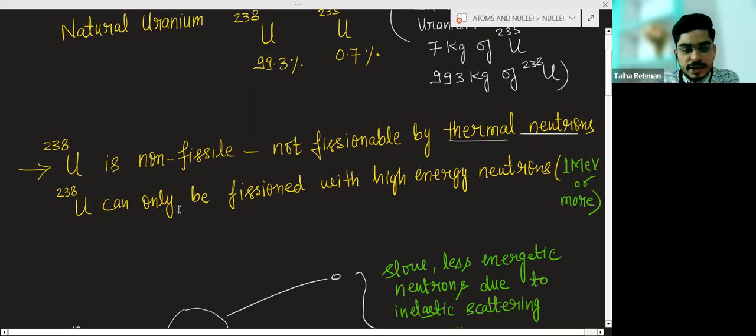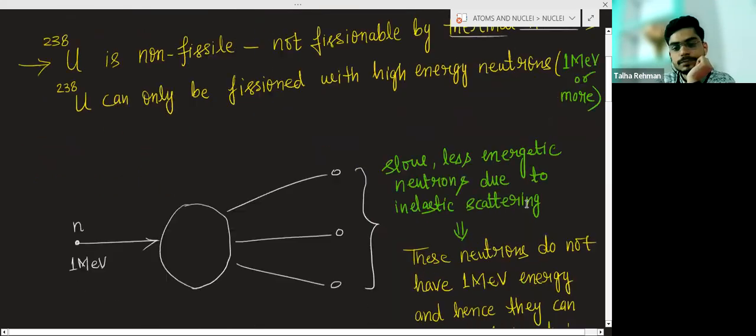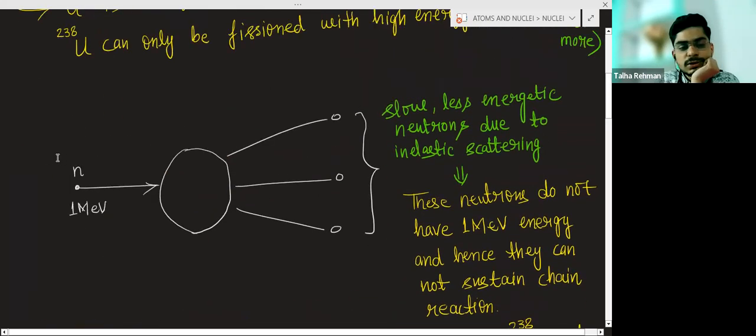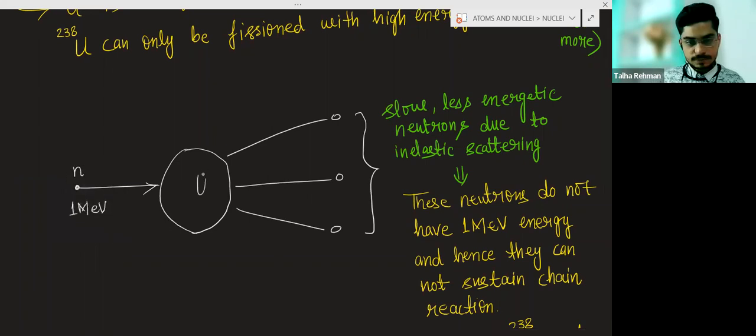Uranium 238 can only be fissioned with high energy neutrons, of energy 1 mega electron volt or more. Suppose you have somehow given energy of 1 mega electron volt to the neutron. Now fission of uranium 238 is taking place.